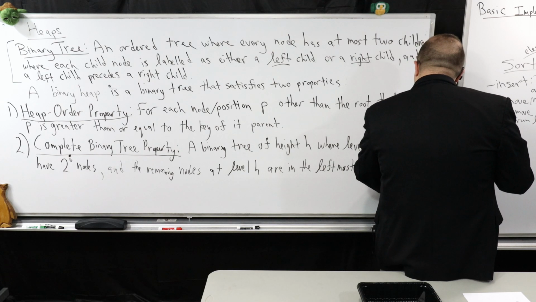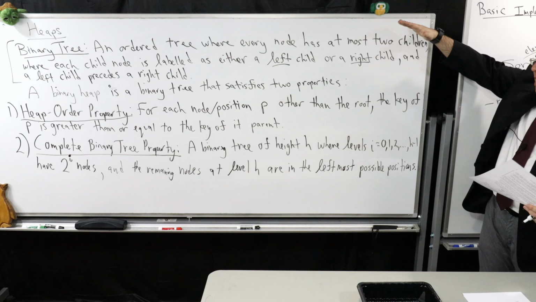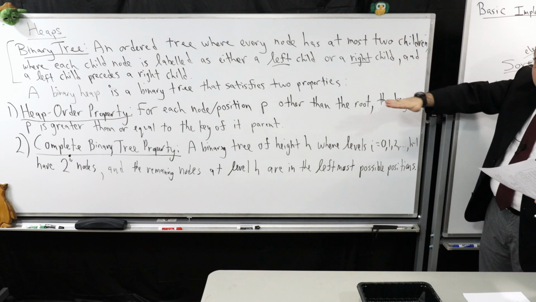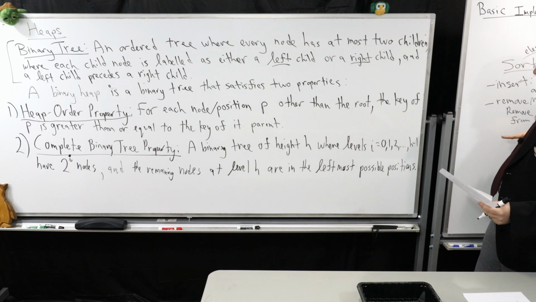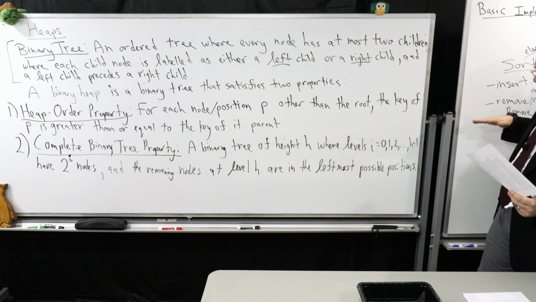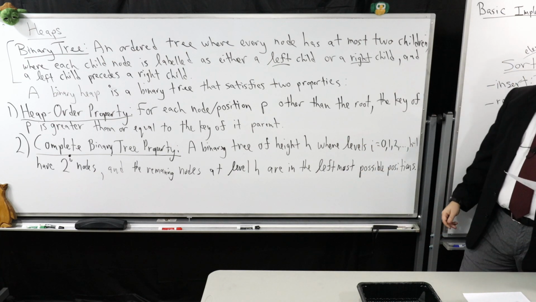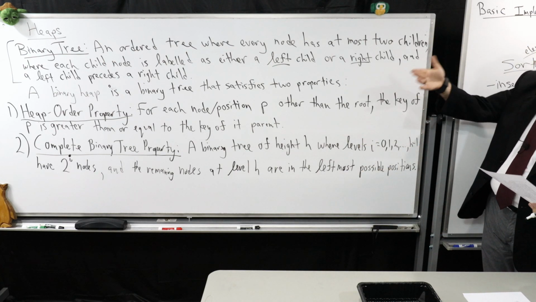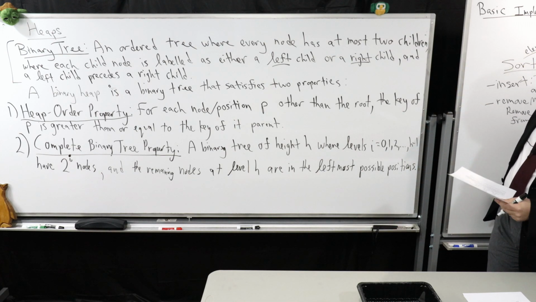You're going to see what I mean when I give you the example. So this whole thing is going to have nodes at every level, as many as possible, except for the bottom level. And on the bottom level, all the nodes or positions are going to be shuffled as far to the left as possible. If you think about it as a binary tree where I have left children and right children. So these are the two properties.